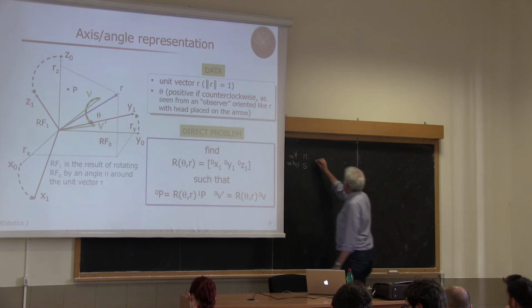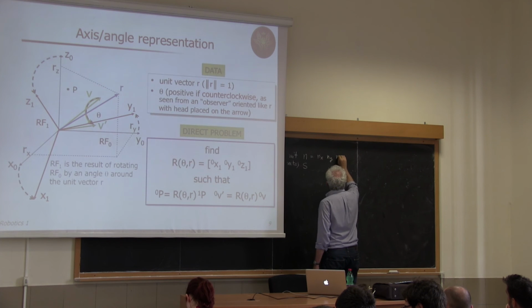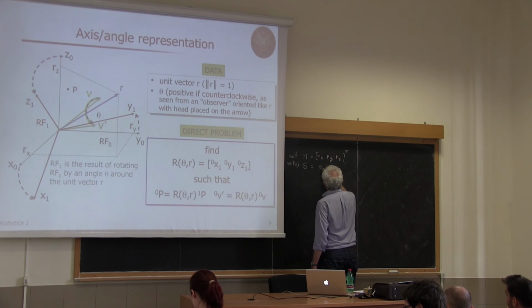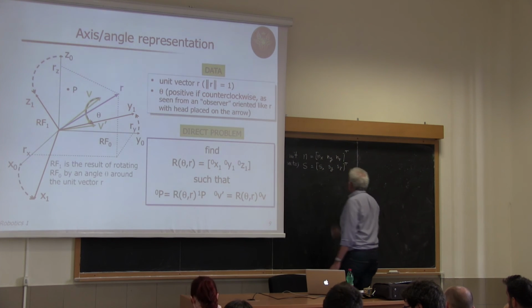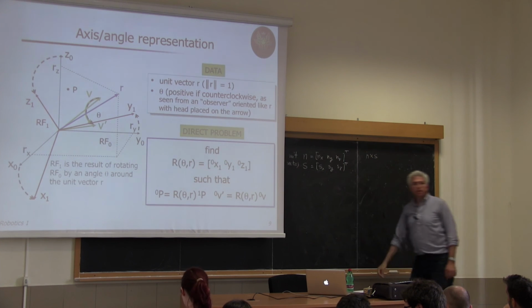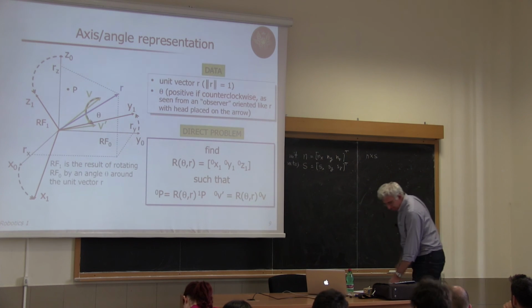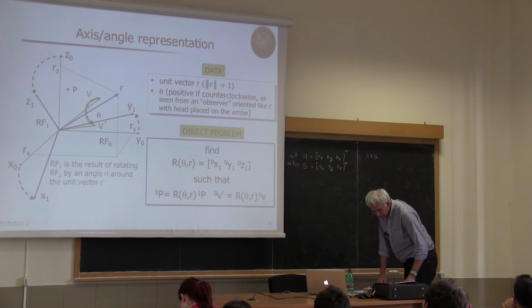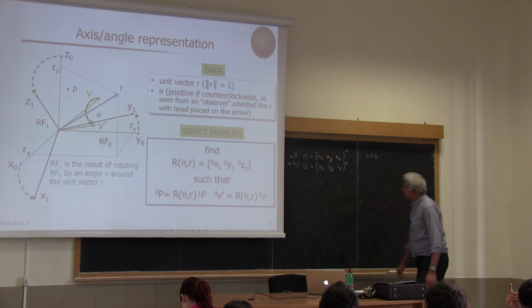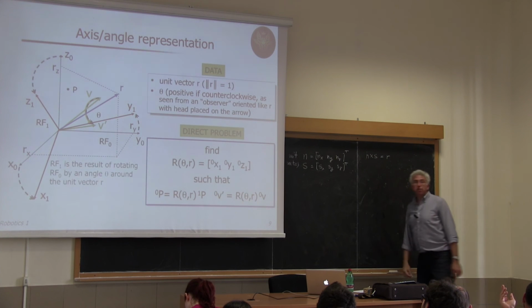So they will be defined by nx, ny, and nz. I'm writing it in a row, and sx, sy, sz. Now, how do I compute n vector s? Well, this will give me some vector r.